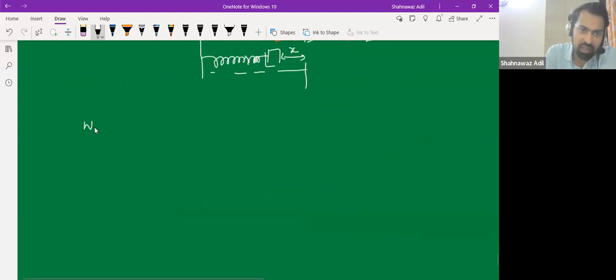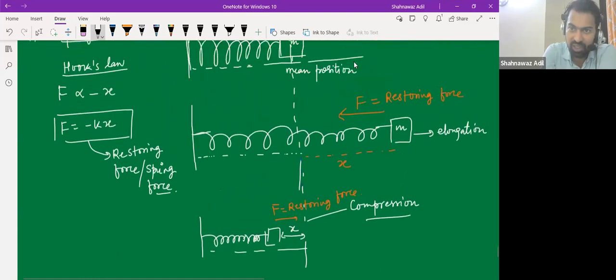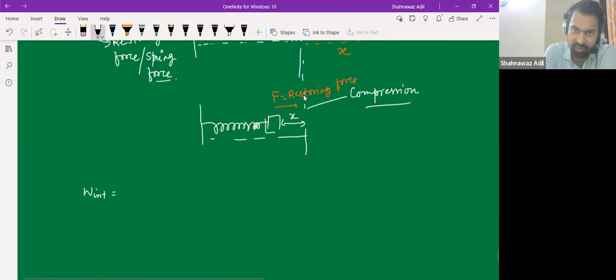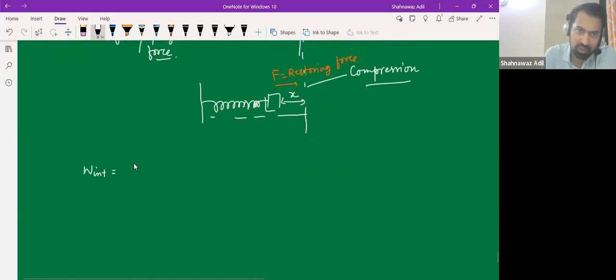That the work done internal, in bringing this object from here to here, that would be the integral of F dx, right? Let's say from x1 to x2.